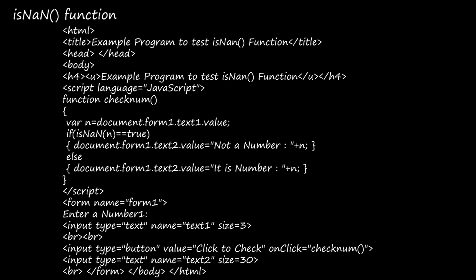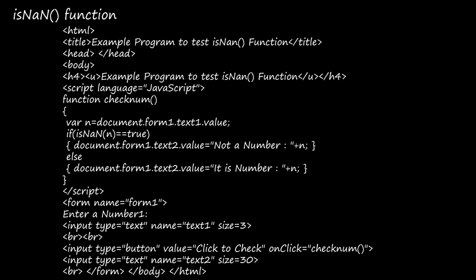Okay, so here we are giving the if section and else section. This isNaN function will be checking whether the given value or variable is a valid number, and it will return the value, right? If it is true, the if section will be executing those statements, and if it is false, the else section will be executing the statements.